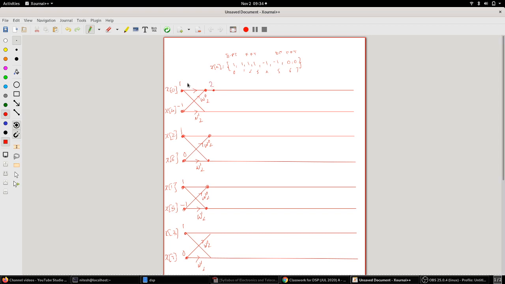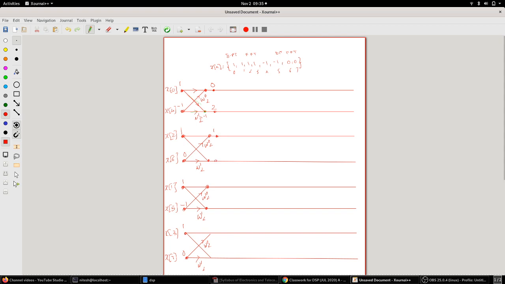This is 1 minus 1 of W1 of 2, right? This branch is 1, this branch is minus 1, and minus 1 into minus 1 gives 1, so 1 minus 1 of minus 1, so this will be 2. You have seen that, so this is 2.